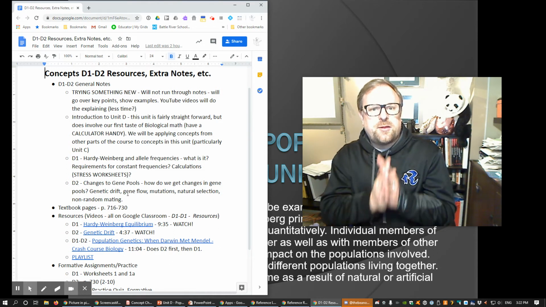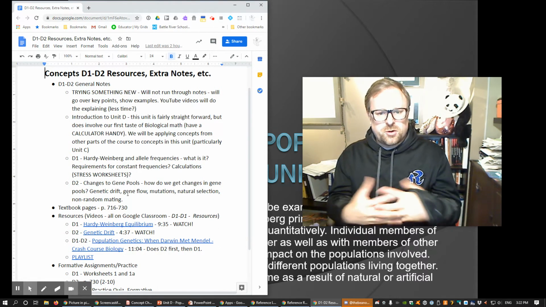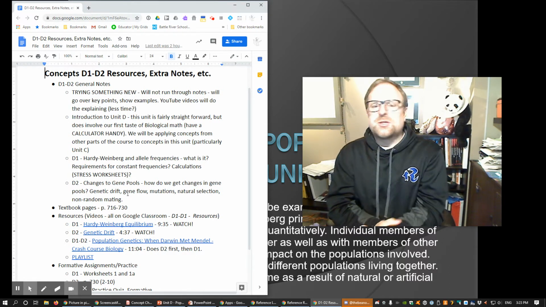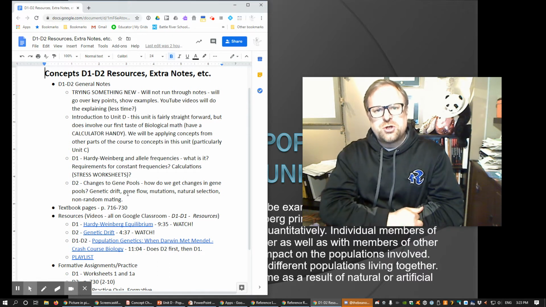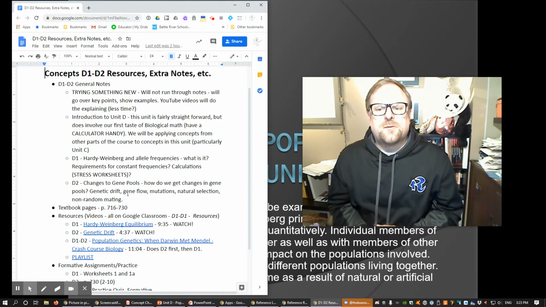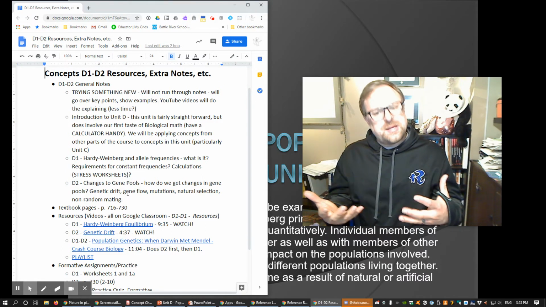You are welcome to have your notes in front of you, or your textbook open, whatever it is, so long as the information you put down is your information alone, and not something you've copied off the internet, because that is plagiarism. That is a little bit different, and we're going to see how it works, okay?